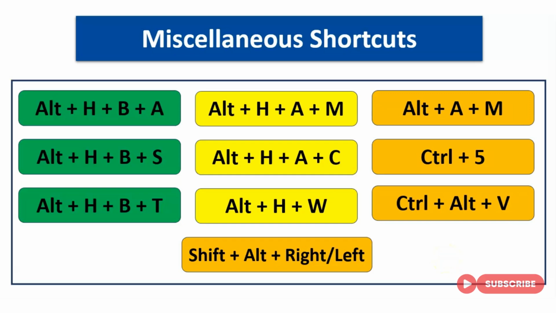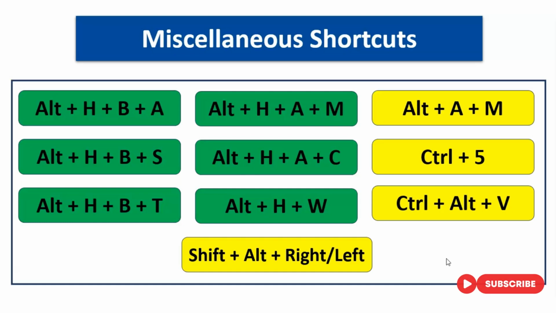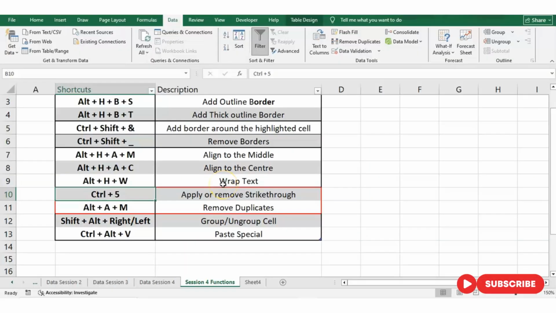Let us now move to our next set of Excel shortcuts. Before we move to data, to understand the working of these shortcuts, let us first discuss the definition of these Excel shortcuts. Starting with Control 5, it helps in applying or removing strike through to the values present in a given cell or the values present in a group of selected cells.